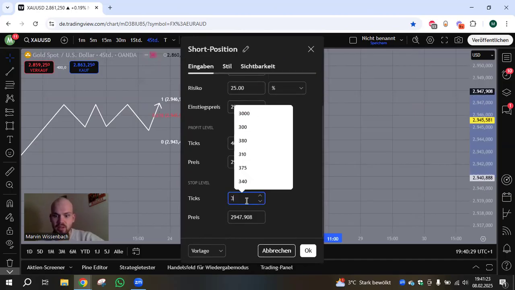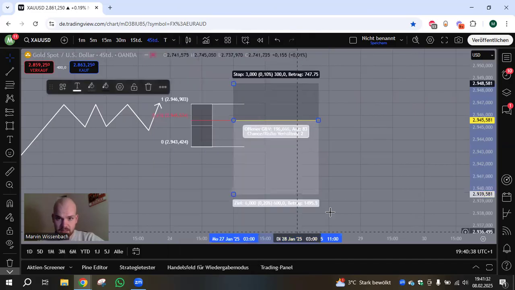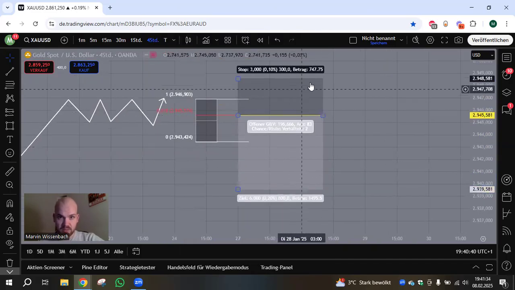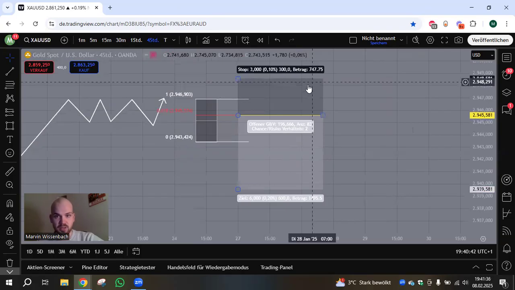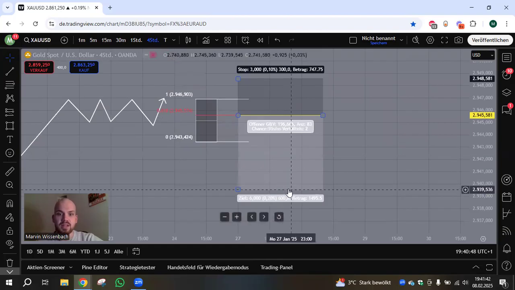Let's say we have a 30 pip stop loss. Double of that would be 60. So there we go. We have a 30 pip stop loss, which is 300 ticks in here, and a 60 pip take profit.